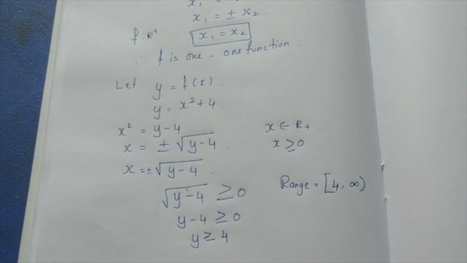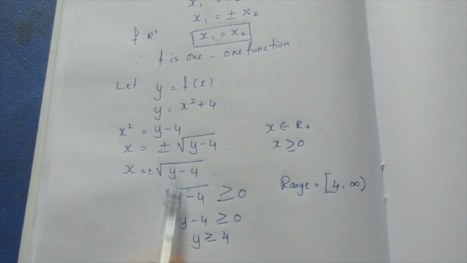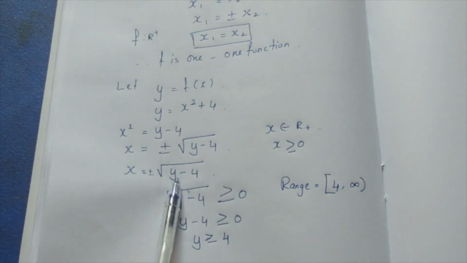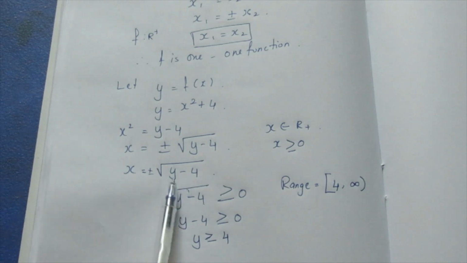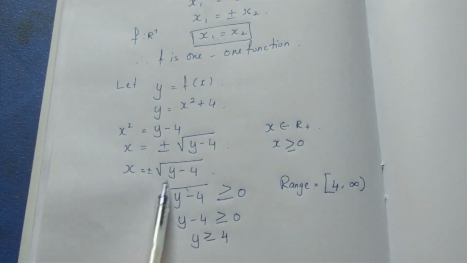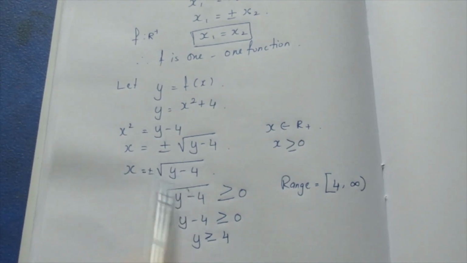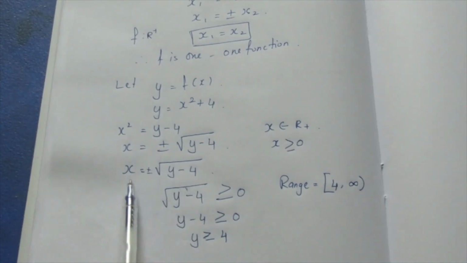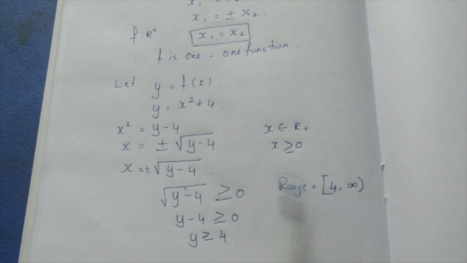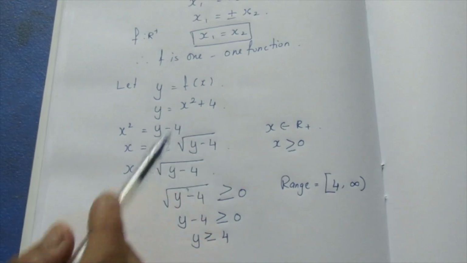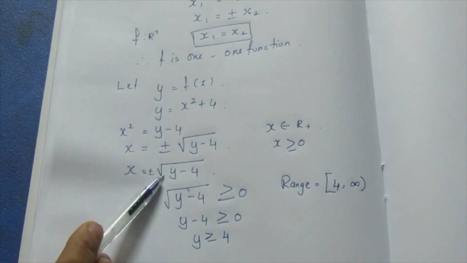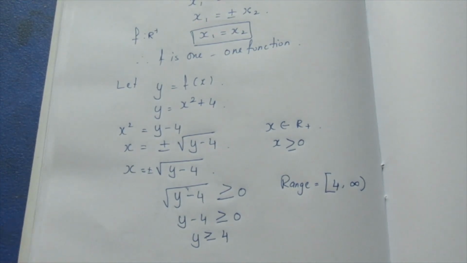Here we can say that we can substitute any positive values. If we substitute any value in the range from 4 to infinity, we get a root value, that is a positive real number value. So there exists an x value.